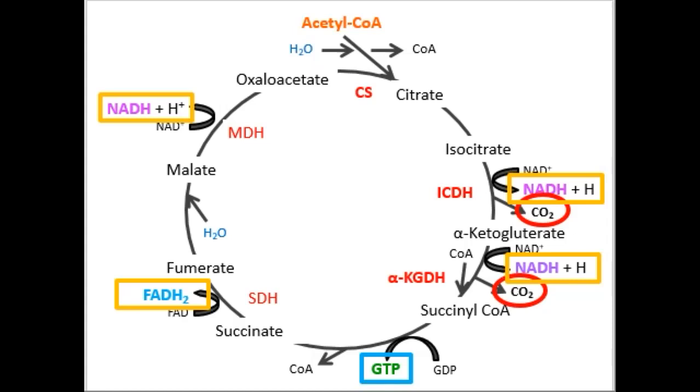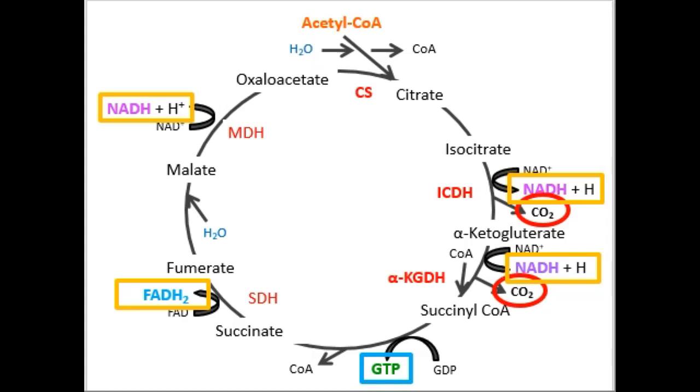We have citrate synthase, which catalyzes the first step of the TCA cycle, the conversion of oxaloacetate into citrate. Then we have isocitrate dehydrogenase, which catalyzes the conversion of isocitrate to alpha ketoglutarate, and this is an enzyme where we also produce NADH and carbon dioxide.